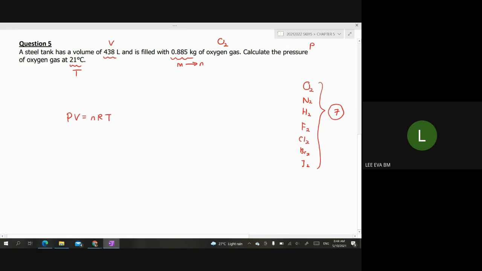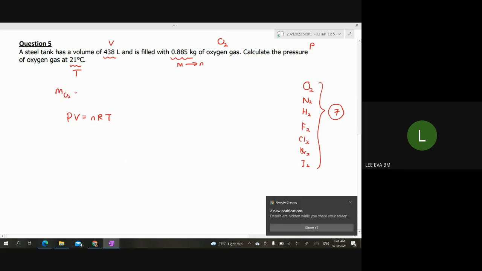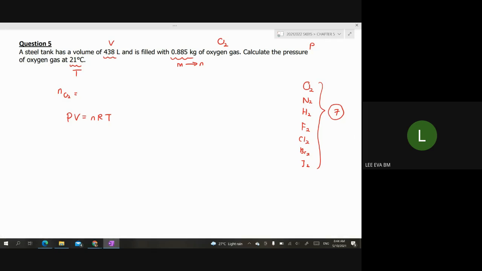Okay, so if you want to change the mass straight away into number of mole, no problem. So we do on top over here, mass of oxygen, mole of oxygen. Okay. So how are we going to calculate the mole? Is it using 0.885?